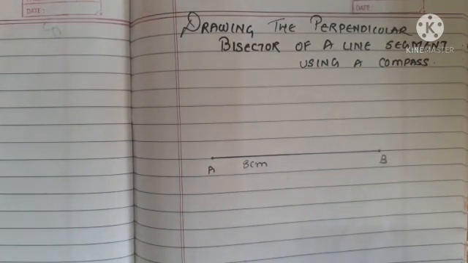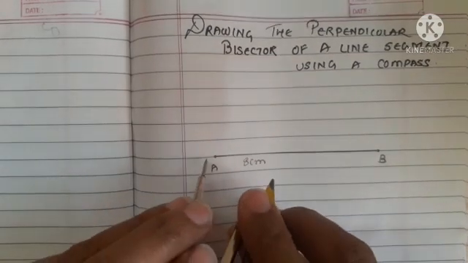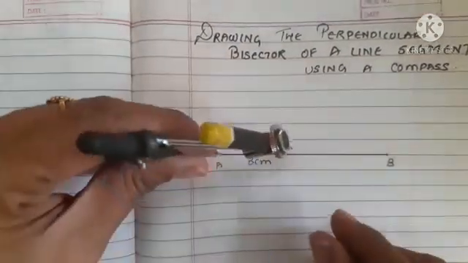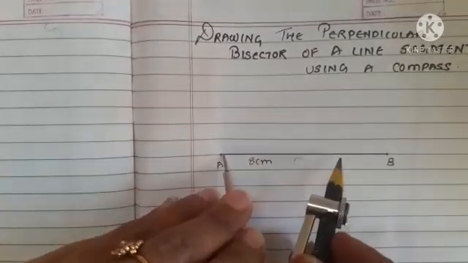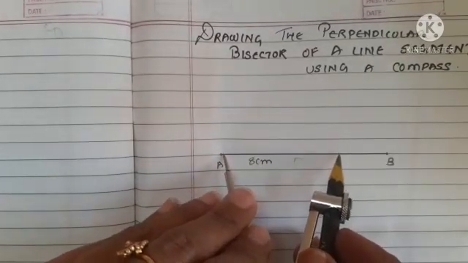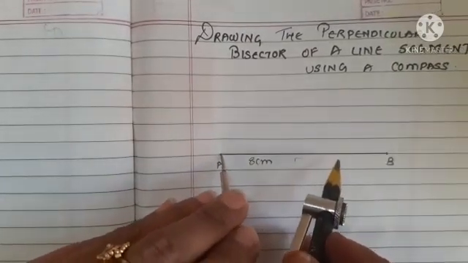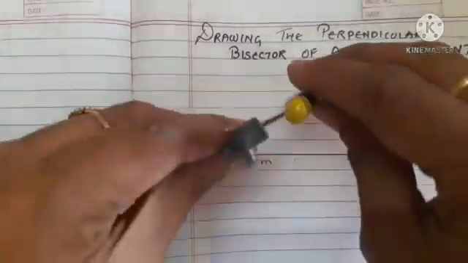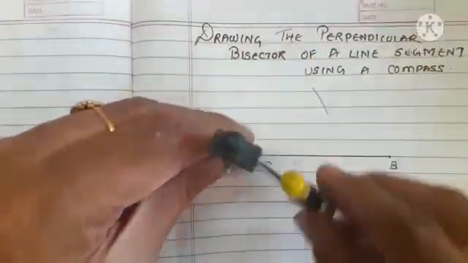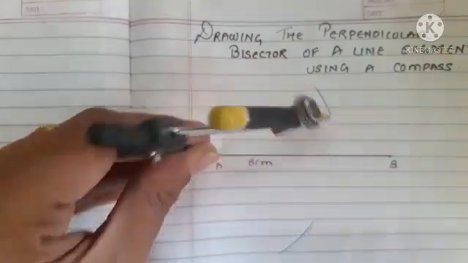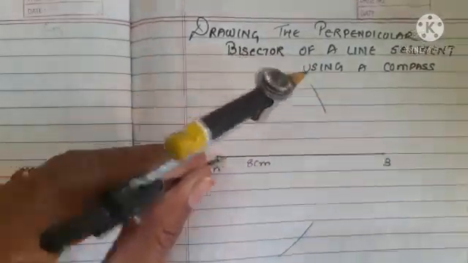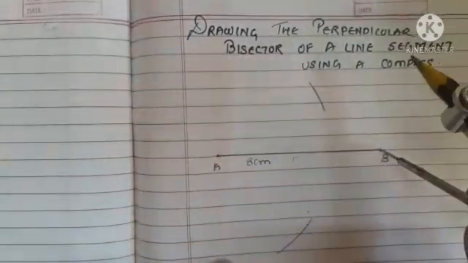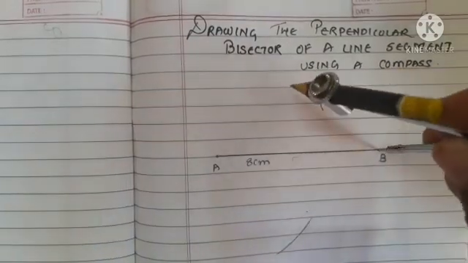Now after taking the compass, we have to keep the compass point on point A and take the distance more than half of this segment. On keeping point A, draw an arc above the segment and below the segment this way, and with the same distance by keeping the compass point.